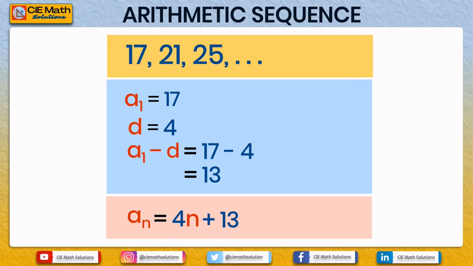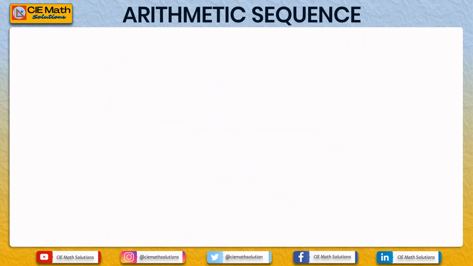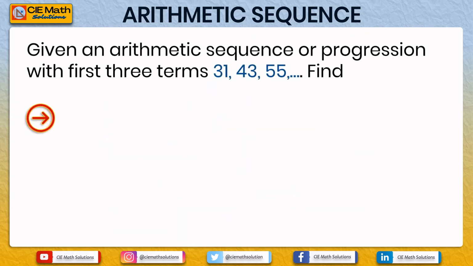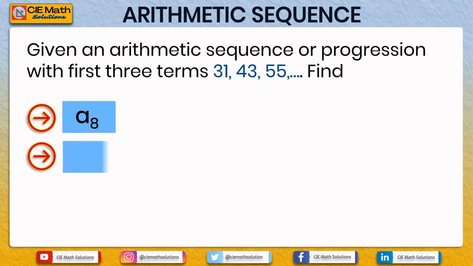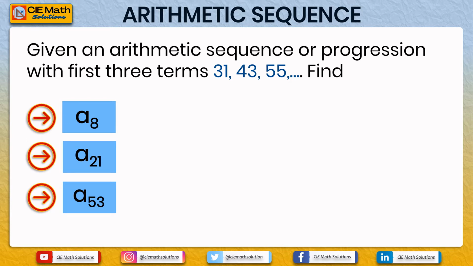Now let us find the specific terms of the arithmetic sequence or progression given its first three terms. For example, given an arithmetic sequence or progression with the first three terms 31, 43, 55, find A8 or the 8th term, A21 or the 21st term, and A53 or the 53rd term.